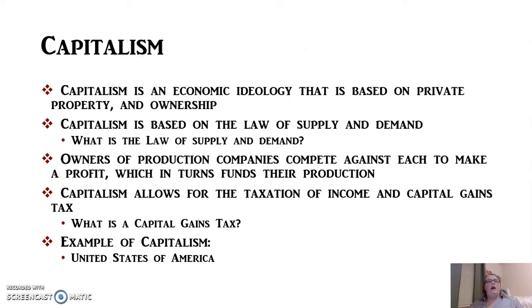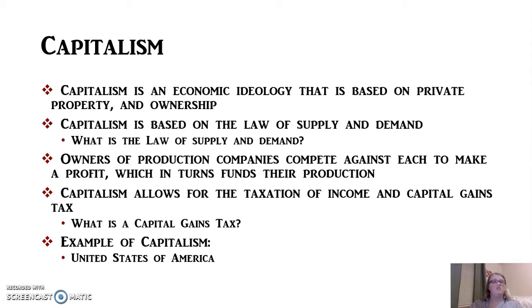Now, American government and democracy. Capitalism is the main political ideology when it comes to an economic system in America. Capitalism is the thought about private property and ownership, that people can own their things without government intervention.